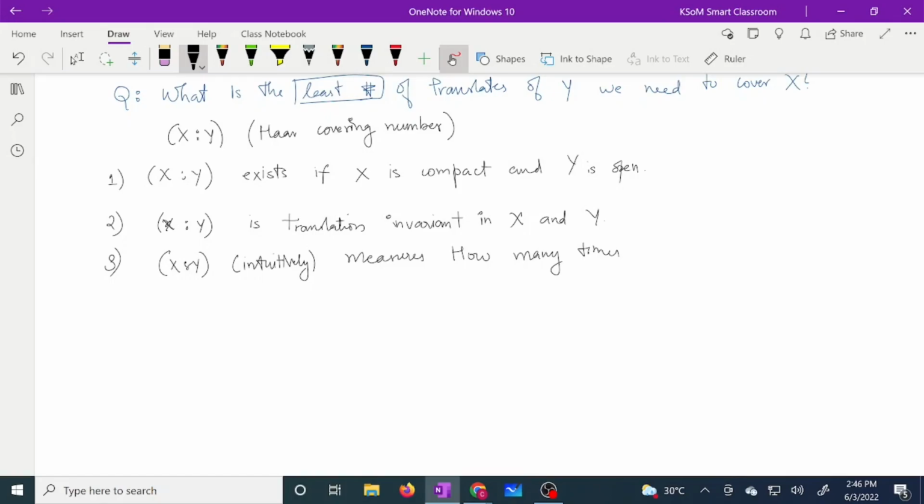How many times x is larger than y. Again, this is an intuitive point, right? If it takes at least 20 copies of y to cover x, then we expect x to be at least around 20 times as large as y, right?